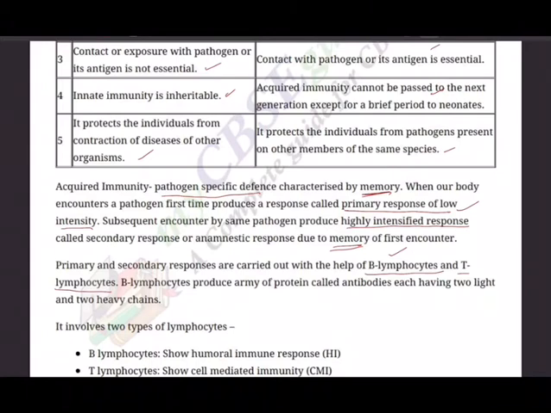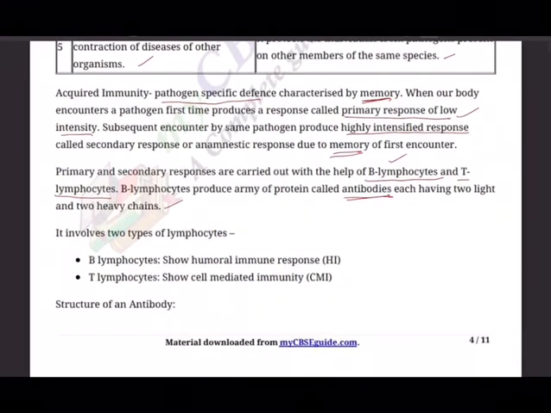B lymphocytes produce an army of proteins called antibodies, anti against body. Of course, you know, each having 2 light and 2 heavy chains that we'll see in the structure of the antibody. It involves 2 types of lymphocytes. B lymphocytes show humoral immune response, so humoral immunity, HI, and T lymphocytes show cell mediated immunity, CMI.